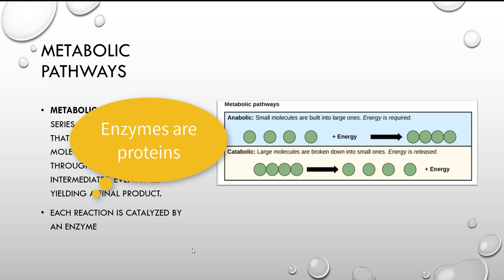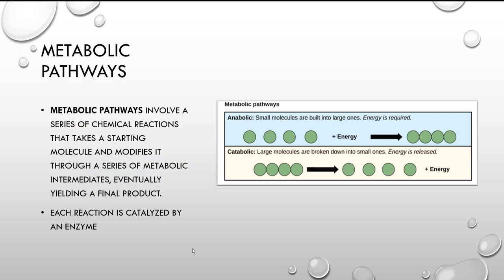Proteins are one of our four macromolecules of life, and one of their functions is to be enzymes, which catalyze reactions. They speed up the chemical reactions that occur within our bodies. We have all sorts of enzymes within our bodies.